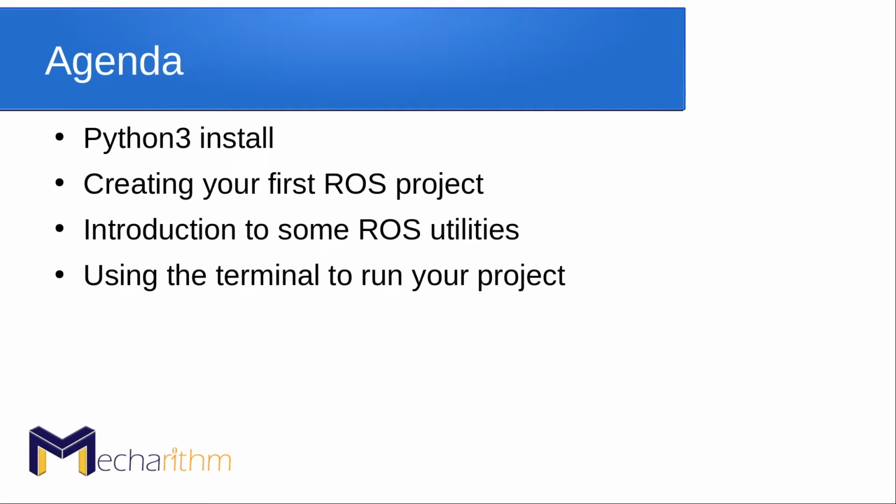We're going to create our first ROS project and get introduced to the ROS utilities that we can use through the terminal. So it's going to be a pretty cool project, yet still basic. We're going to use the terminal to run our project and do some other functionalities that are only available through the terminal. And this is where the power of the terminal will be obvious over traditional GUI methods.